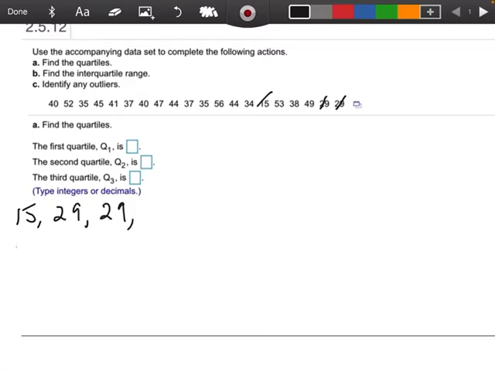Then we're going to go to the 30s, and I think the next one we have is a 34, which is right here. And then we have 2 35s. And then we have 2 37s.